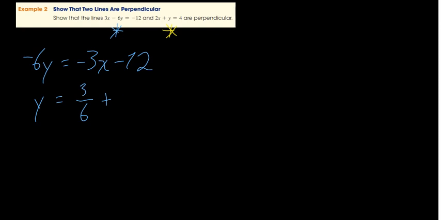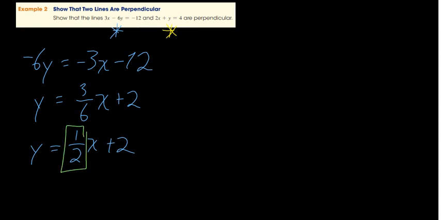Negative 3 halves x, sorry about that, plus 2. And then we're going to reduce that fraction, so it becomes 1/2 x plus 2. So the slope of our first equation is going to be positive 1/2.